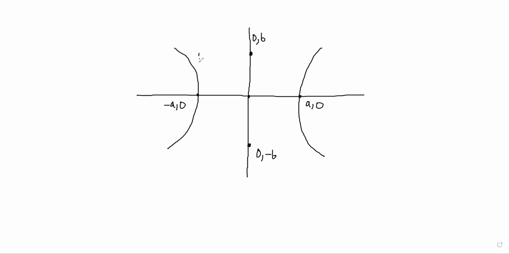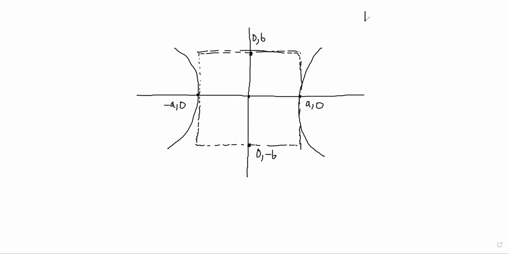So you can draw sort of a rectangle passing through these points. You can draw parallel lines at y is equal to b and y is equal to minus b, and x is equal to a and x is equal to minus a, and you get sort of a rectangle like this, right? This rectangle will become important when we talk about asymptotes.